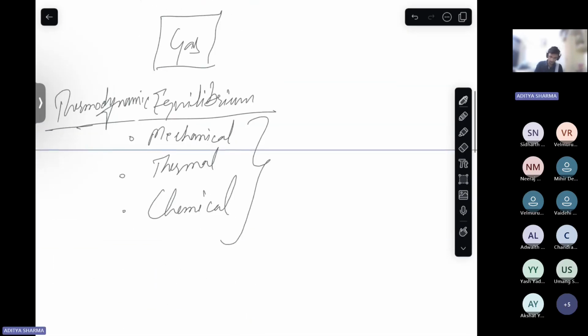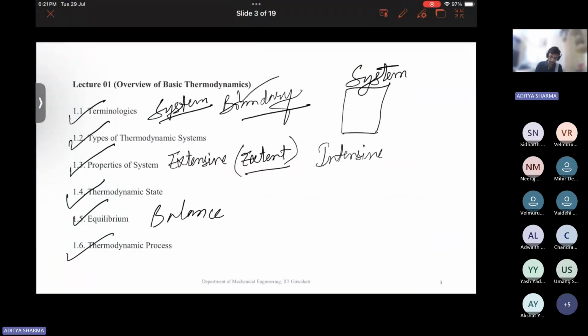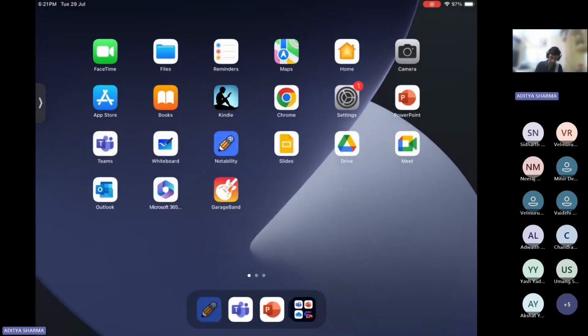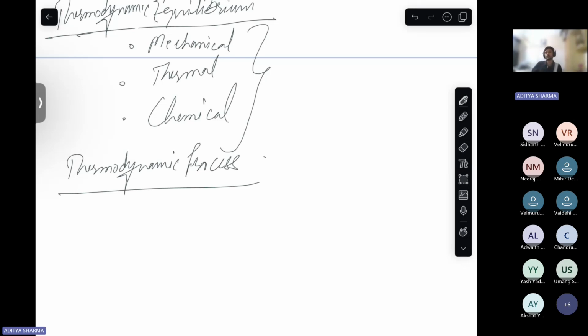Then next topic is your process, thermodynamic process. What is a thermodynamic process? Your system now is moving from one state to another state, right?